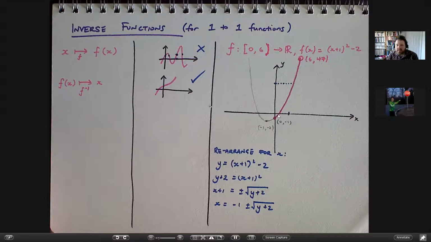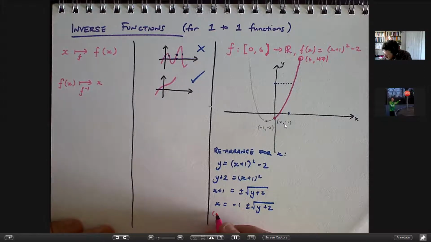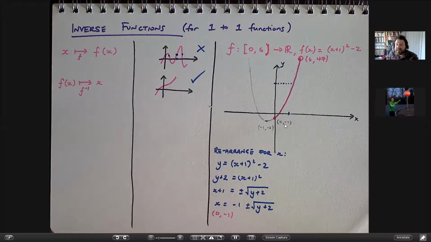So what we need to do here then is plug in one of these points, just some point along here, to check which one does the job. And I'm just going to plug the easiest point in, which is this (0, -1). So let's do that. When x is 0, y is -1. Or for our purposes, when y is -1, x is 0.